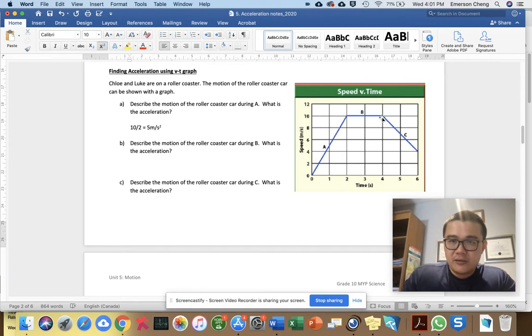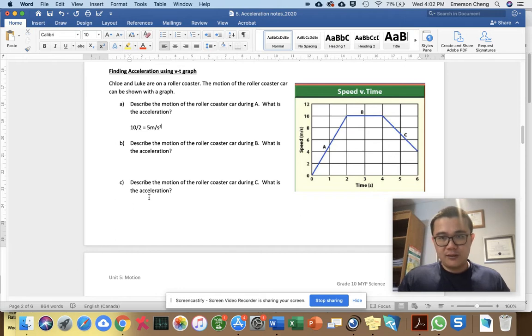Now, next part, the speed goes from 10 to 4. So 10 meters per second to 4 meters per second. So in this case, it is slowing down. How much was it slowing down? Okay, what was the deceleration? So again, your y2 minus y1.